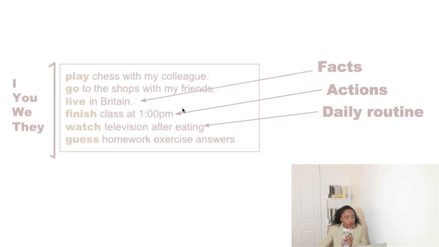So that's a matter of fact. Used to express actions, such as finish class at 1 p.m. So these are daily actions, specifically daily actions, okay? And also simple present is used to express daily routine, such as watch television.